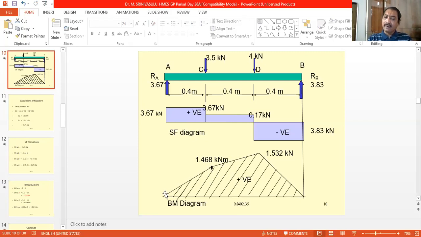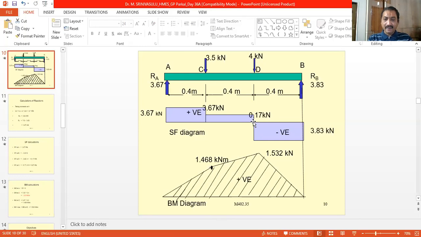Now this is the bending moment diagram, and this hatched area gives the area of the bending moment diagram. Here this is the zero line, and all are positive values, so we have drawn them above the zero line. Here we can also see one important thing. The bending moment is maximum at point D, and the shear force also changes sign from negative to positive.